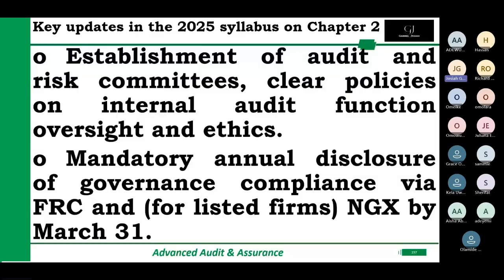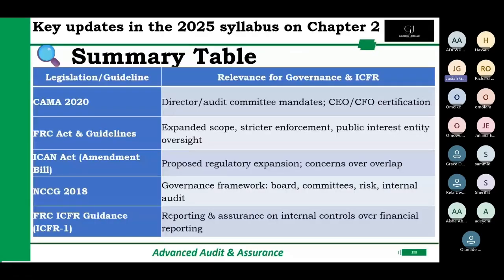So this is the summary table of the updates in the study text for Chapter 2. We have the Companies and Allied Matters Act that was stressed, requiring directors and audit committee mandates, and also the CEO and the CFO certification. The FRC Act and guidelines expanded the scope, and stricter enforcement in the current dispensation for public interest entities was provided.